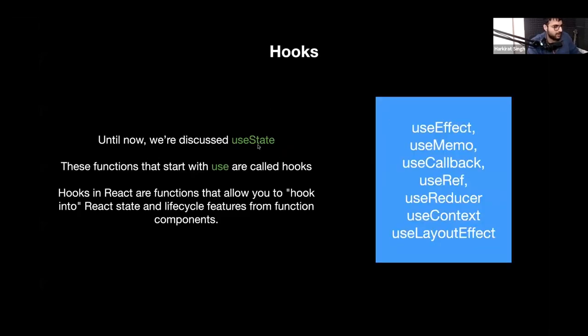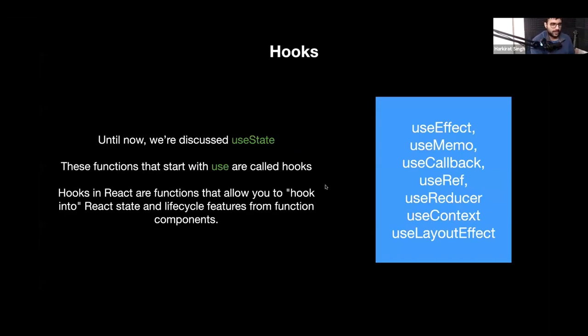The first and most important one is useState, which 50% of you already know. Functions that start with use are called hooks. Hooks in React are functions that allow you to hook into the React state and lifecycle features from functional components. So there are a few things here.